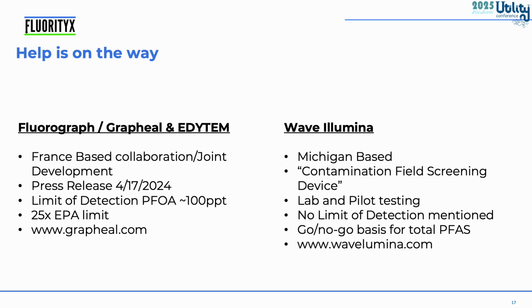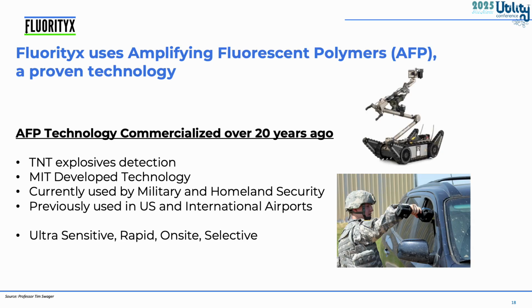What I can share with you is what we are doing at Fluorityx. Fluorityx uses an amplifying fluorescent polymer as our way of detecting PFAS. This technology has actually been commercialized and used in industry for the last 20 years.